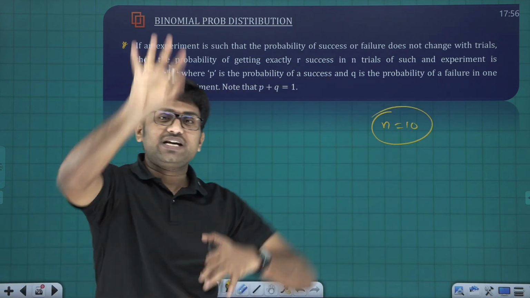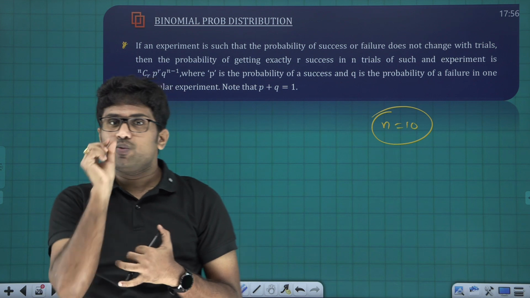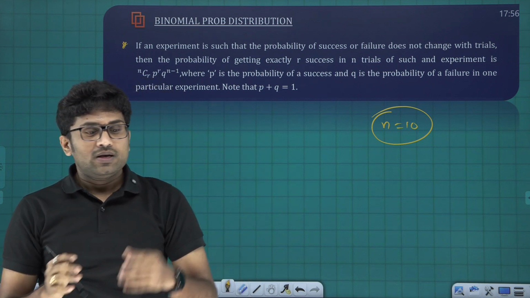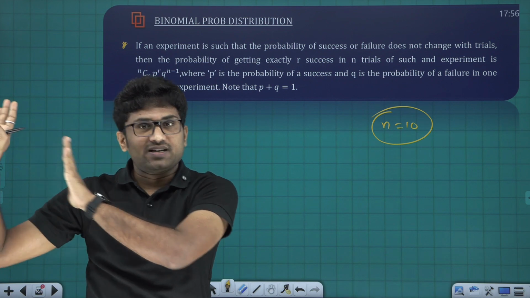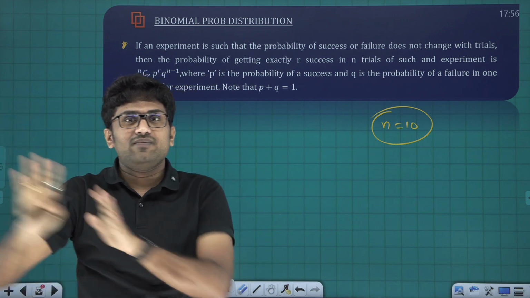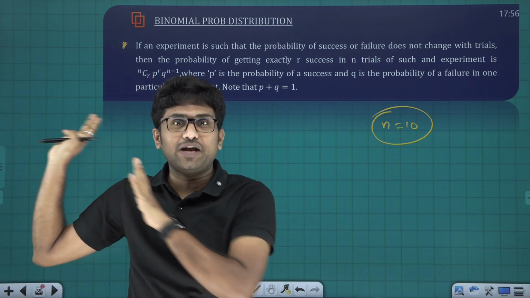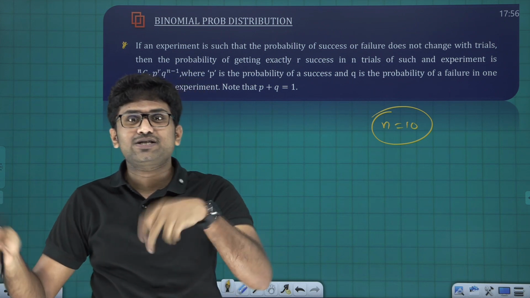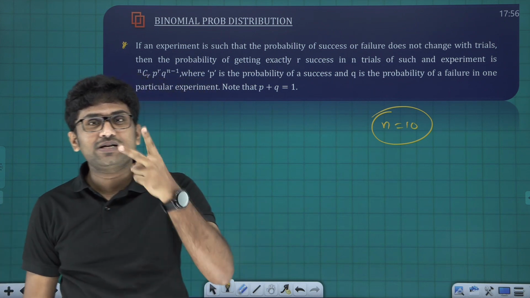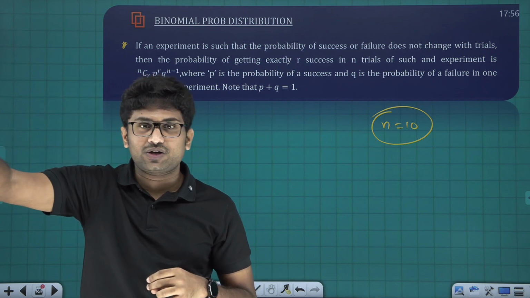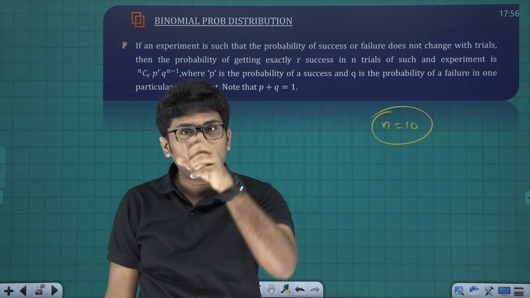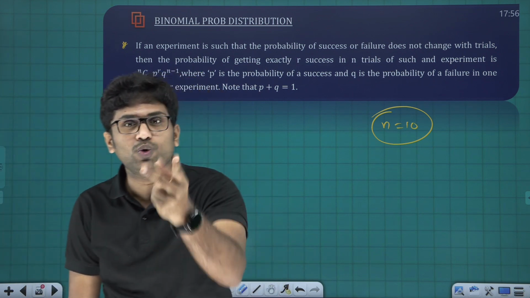Now, in each case, I would like to consider only 2 particular things. One is, if I get 3, I say it is a success. If I don't get 3, the condition is failure. Getting 3 is success, not getting 3 is failure. So that means I consider only 2 outcomes. Though I have 1, 2, 3, 4, 5, 6 outcomes, in binomial distribution we will have only 2 outcomes.